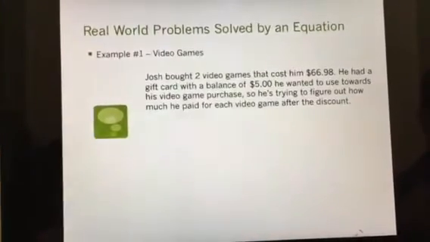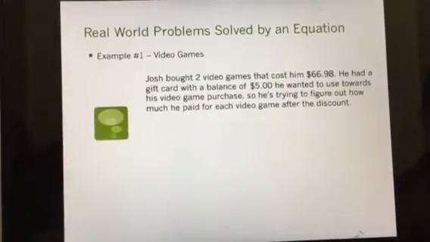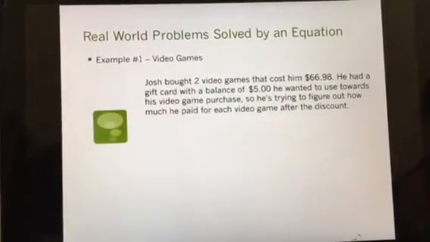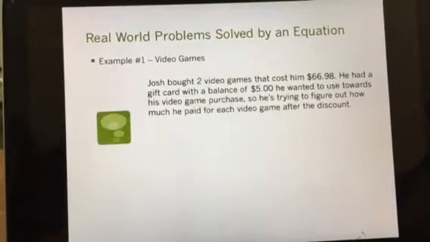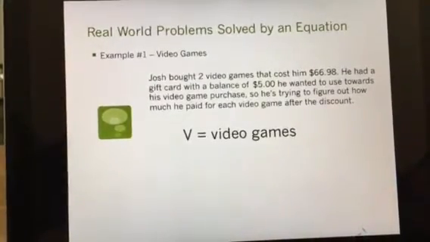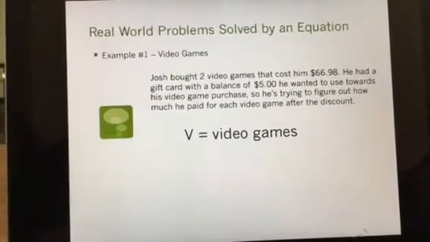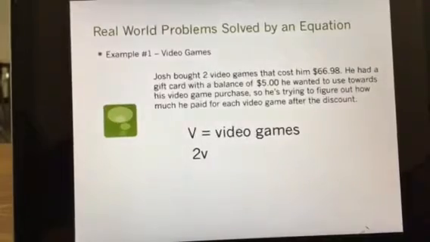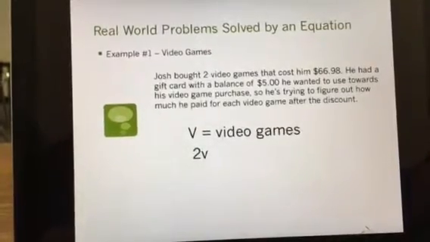Alright, so to set up this problem, we need to acknowledge that Josh bought 2 games, except we don't know what the price of each one was. I'm going to use V as our variable for video games, and we're going to start with 2V because Josh bought 2 video games.